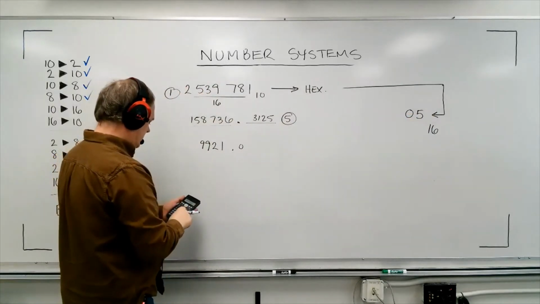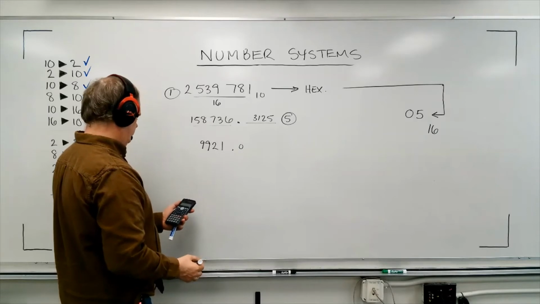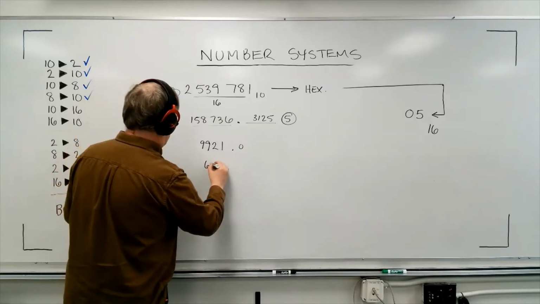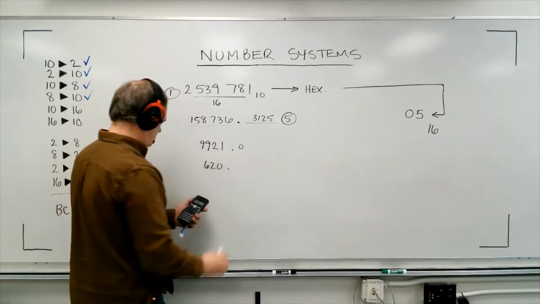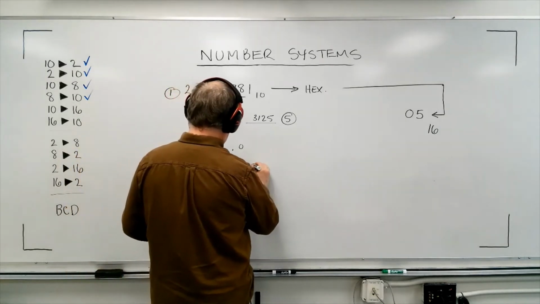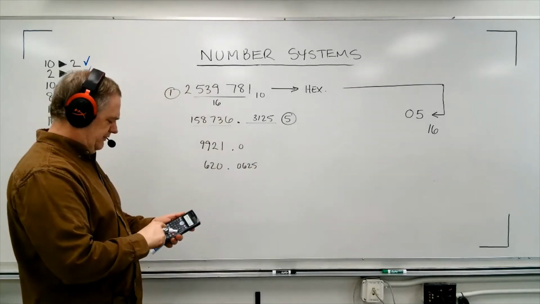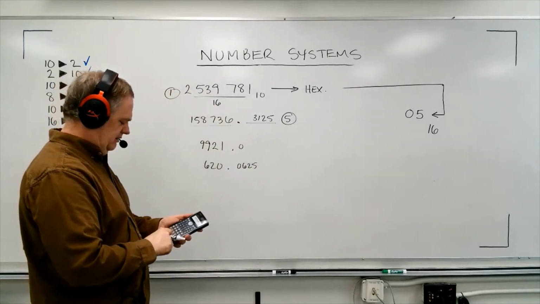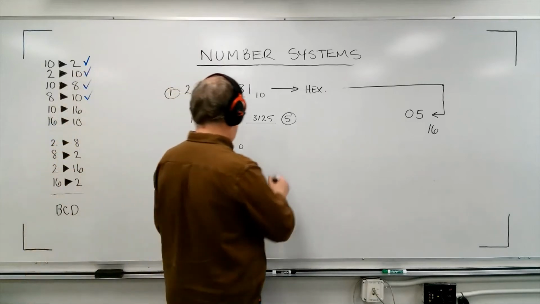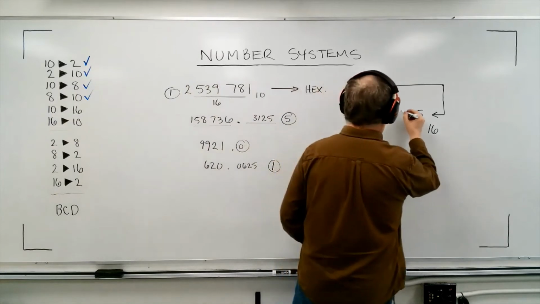Now, if I take 9921 and I divide 16, that equals 620.0625. Now 0.0625 is quite a small portion, so I'm going to go 0.0625 times 16, and it actually is a 1.